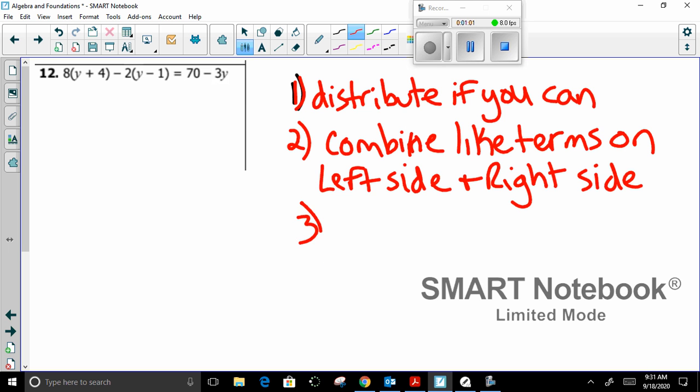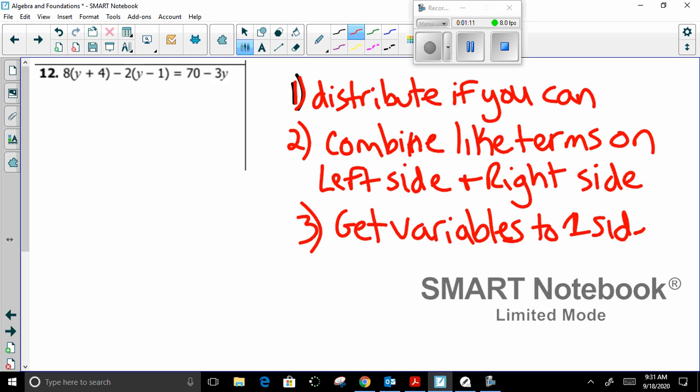And the third step is to get variables to one side. And the last step is to just solve. Okay, so we want to follow those steps when we're doing this.